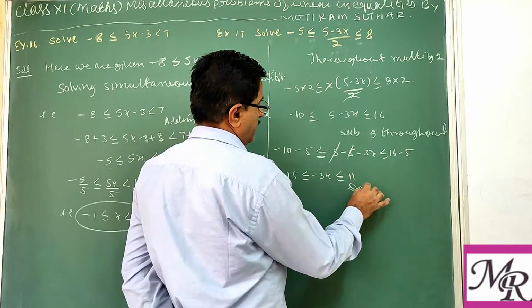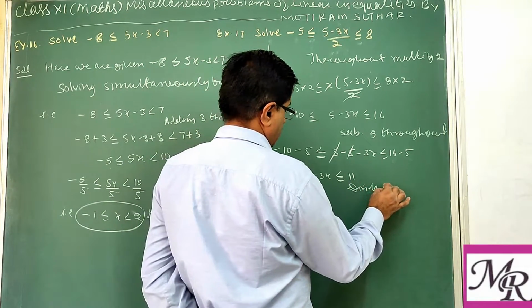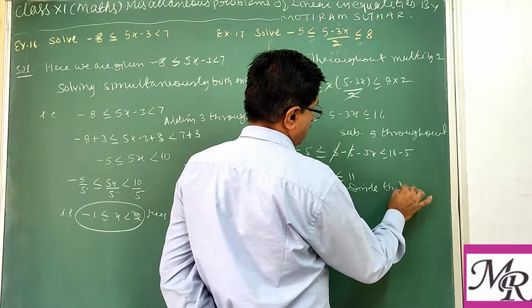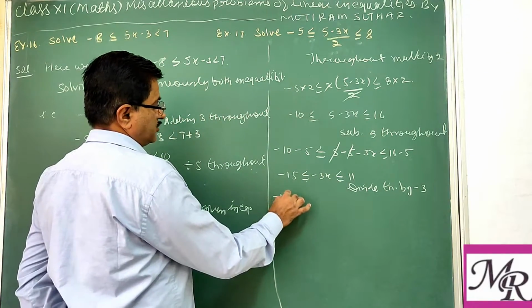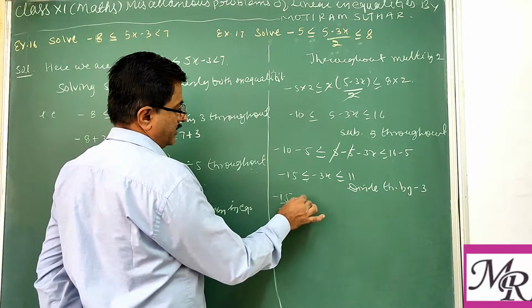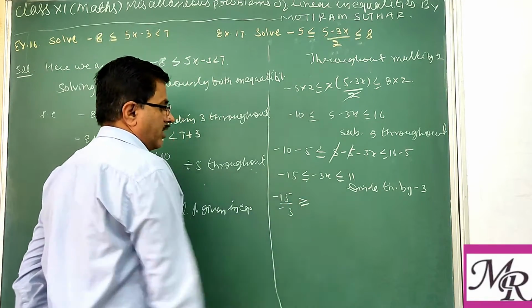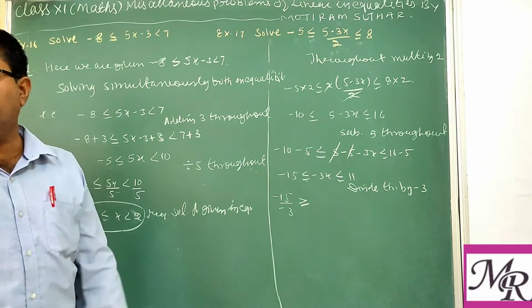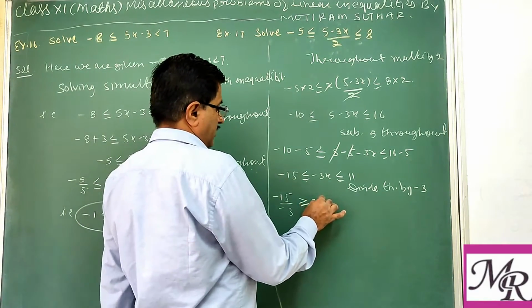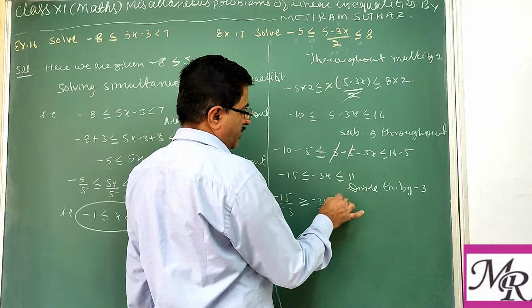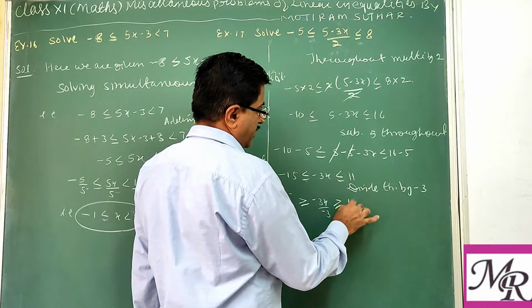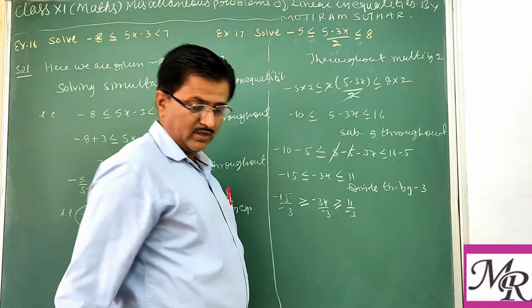So we divide throughout by -3. So -15 divided by -3, now less than or equal to converts into greater than or equal to, -3x divided by -3, and again less than or equal to converts into greater than or equal to.